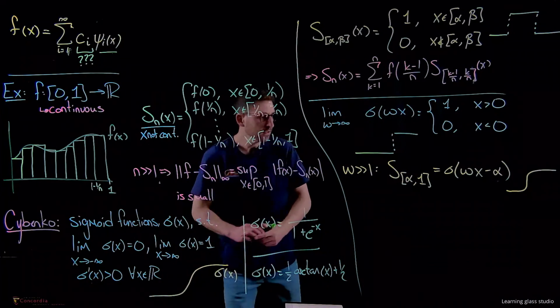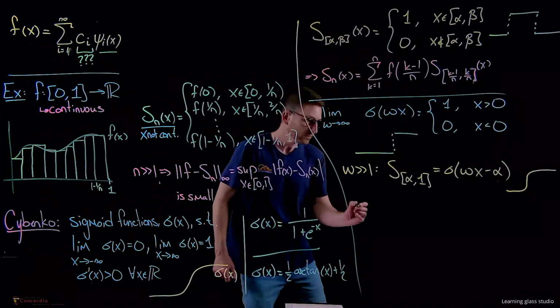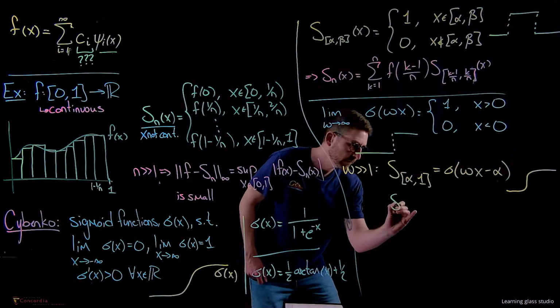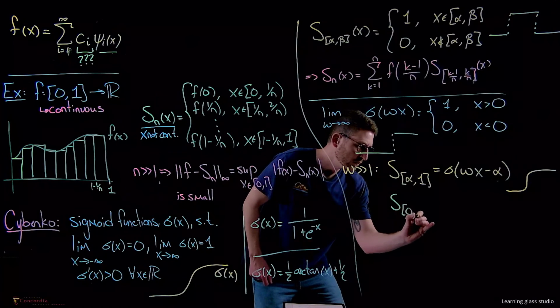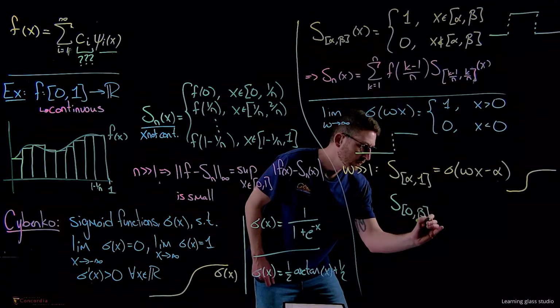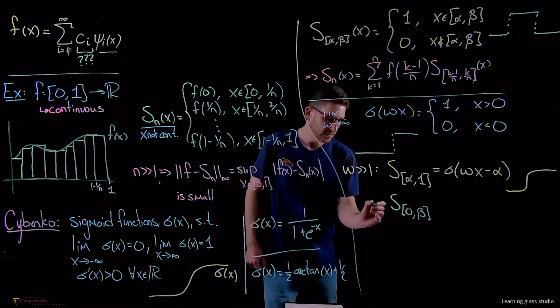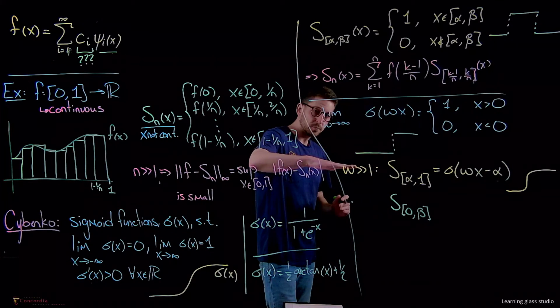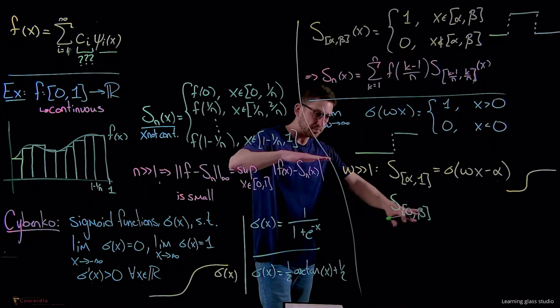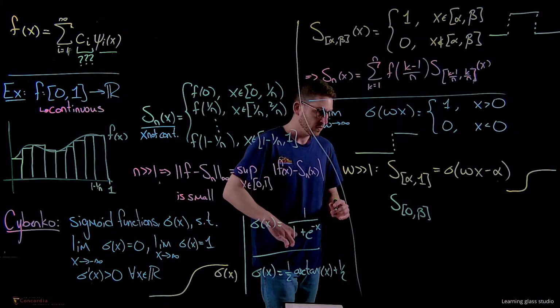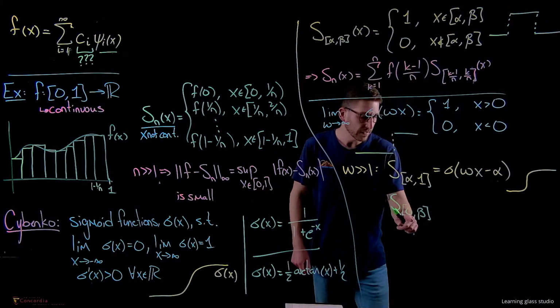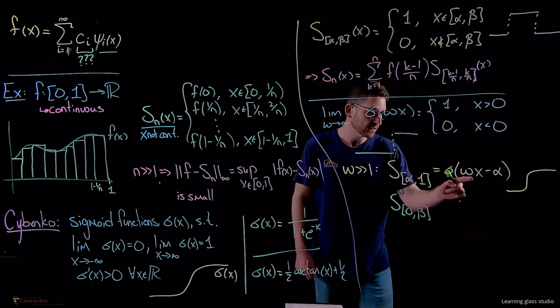And let's do something else. I could do this as well. I could go from 0 to beta. So this is a flat piece from 0 to beta at 1 and then a step downwards. Well, how can I put this piece into this?